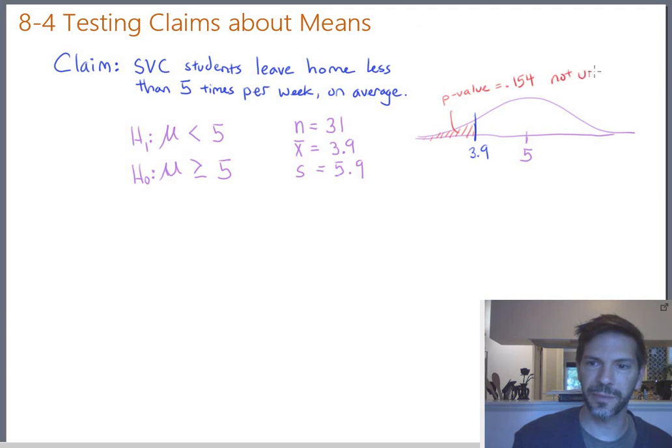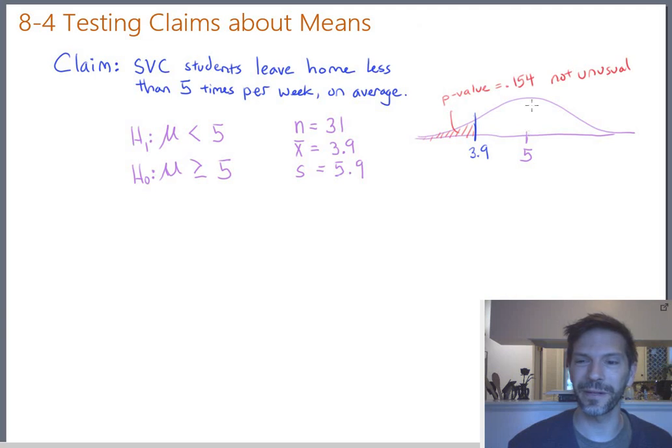That means our sample is not unusual for this curve. So it doesn't really prove that 5 is wrong. Doesn't prove 5 is right either, but there's no proof here that 5 is wrong.